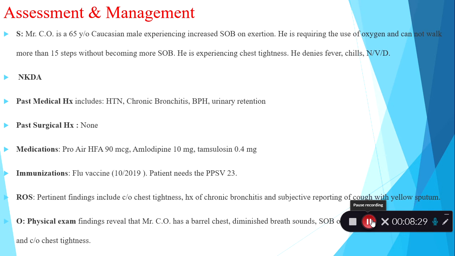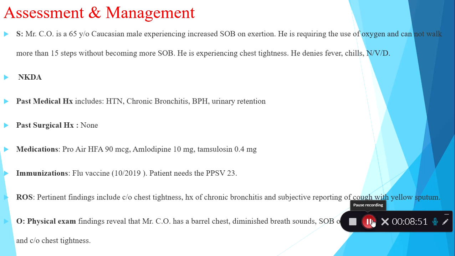He began to notice that his shortness of breath worsened over the last 2 weeks. He noticed that he is not able to walk more than 15 feet down his driveway without needing to stop and rest.